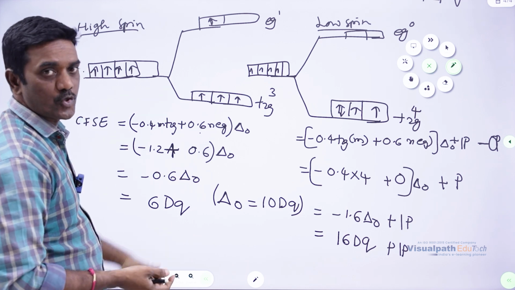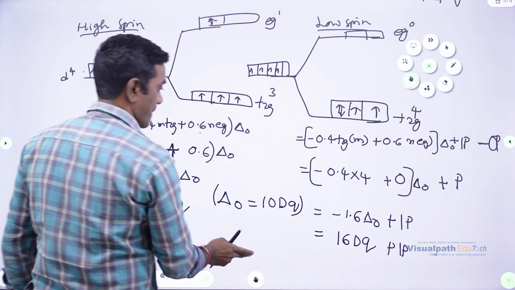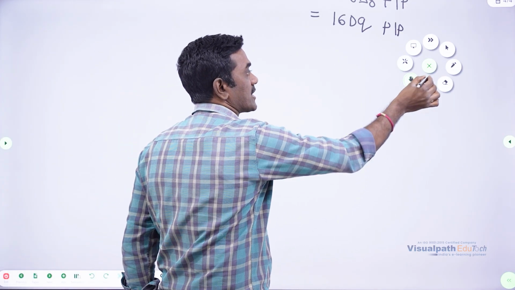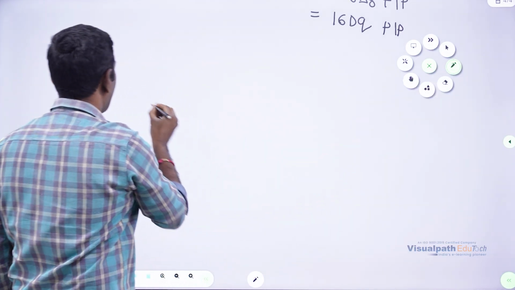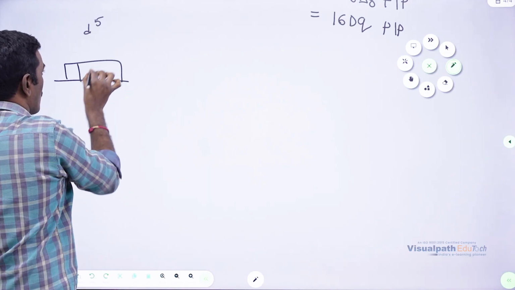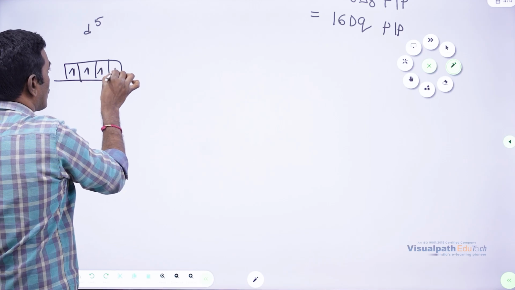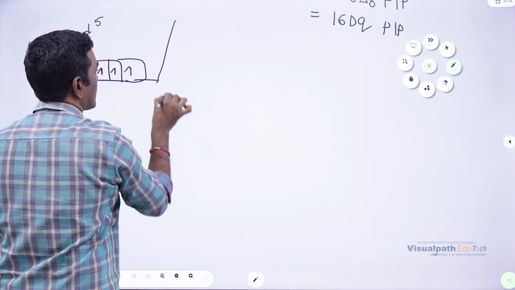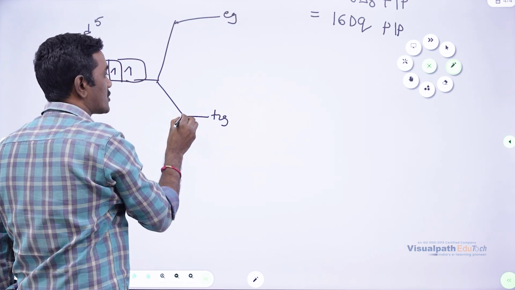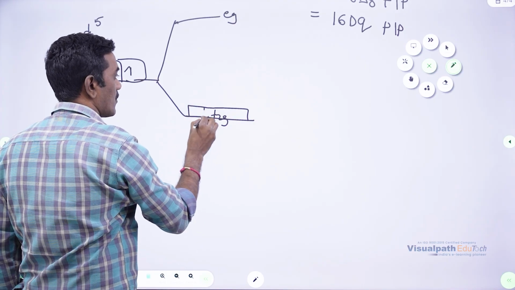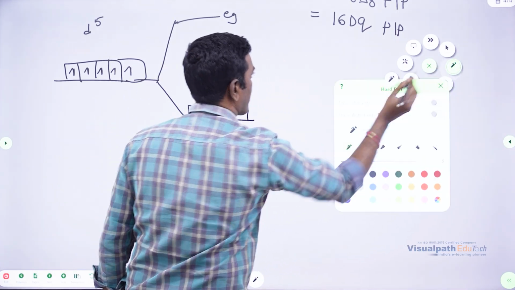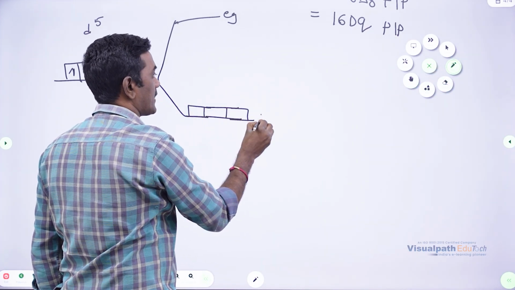Now, in the same way I am going to show you d5. Once after making all these things, we will make a table so that it will be clear for us to understand, right? d5 is here: 1, 2, 3, 4, 5. t2g here, eg here.